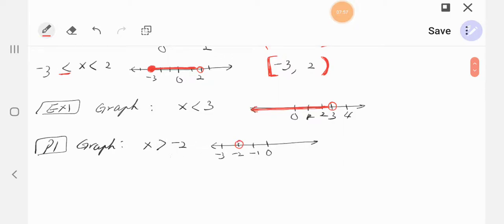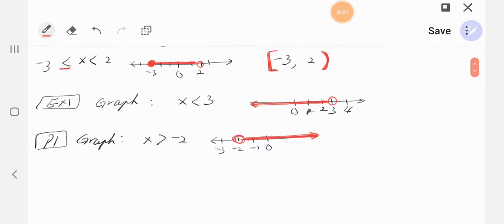Greater means all the numbers right of this negative 2. As you go to the right, x is greater than this number, right? So all the numbers right of negative 2 are greater. So highlight, make a bold line to the right of this number.